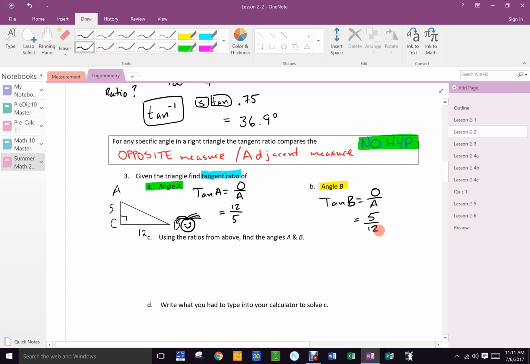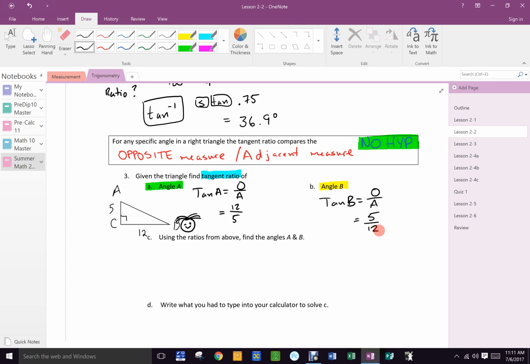Okay. So now, what do we have? We have ratios, don't we? Our calculator knows how to take those ratios and give us the angle, doesn't it? Except when we found the angle with our calculator, we had decimals, yes? Do we have decimals right now? No. So I need decimals, don't I? Now you can do this the long way. You can find the decimal, write it down, transfer it into your calculator, or you can do it all in one step.